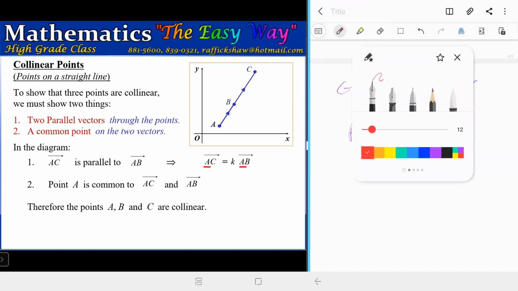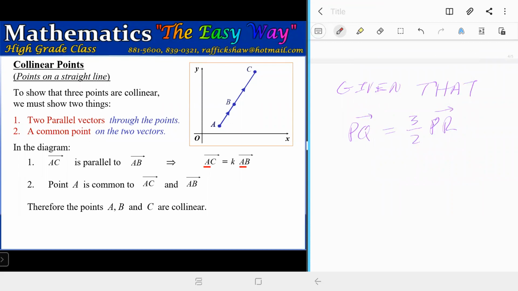Why are they collinear? Because I have parallel vectors. These are parallel vectors. But I have a common point P. There's a point P on that one, and there's a point P on that one.